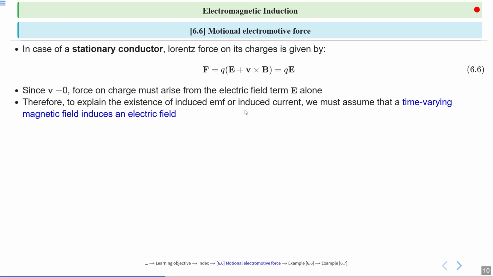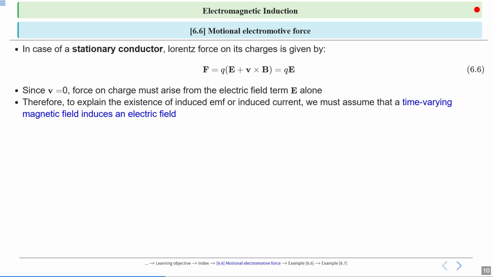The conductor is stationary. This is another method. We have discussed how EMF can be induced by changing magnetic flux, and how magnetic flux can be changed by changing the magnetic field, by changing the area, or by changing the orientation of the loop with respect to the magnetic field.